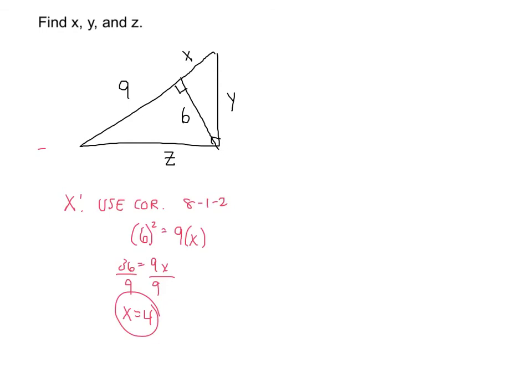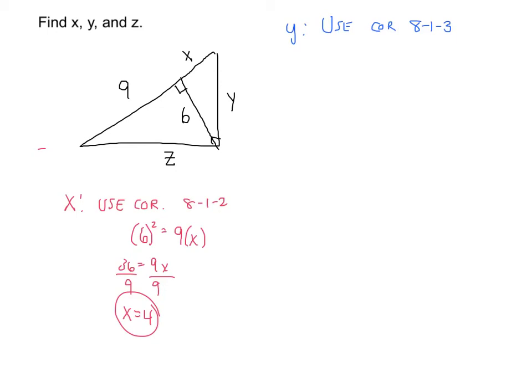Now let's go ahead and look for y. Well, for y, I realize it's the leg of a right triangle. So to find the leg of a right triangle, I'm going to use corollary 8-1-3.